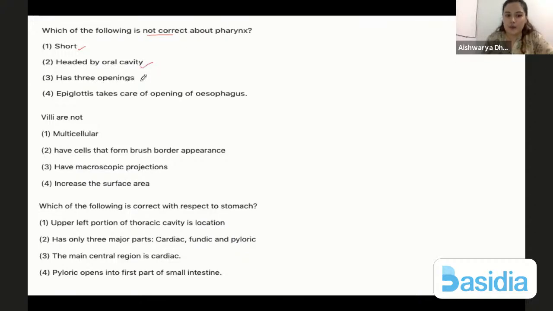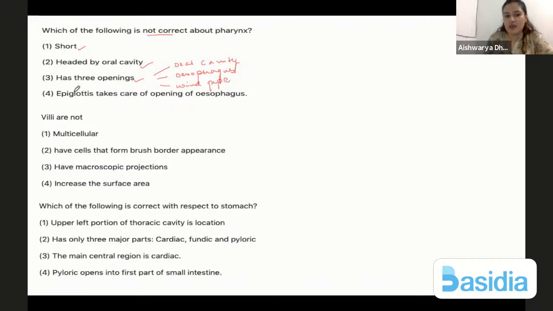It has 3 openings. This is also correct because one opening is towards the oral cavity, one opening is towards the esophagus, and the third opening is towards the windpipe. So 3 openings, this is also correct.